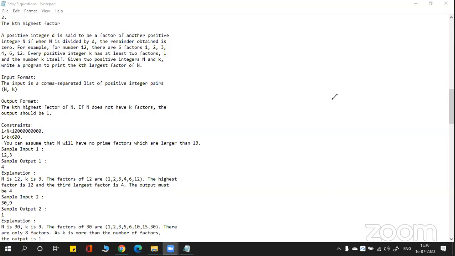So why do we need to store all the factors? If I start storing and then searching, my time consumed will be more and also space will be more. We are not working with those factors, I just need to print a factor.